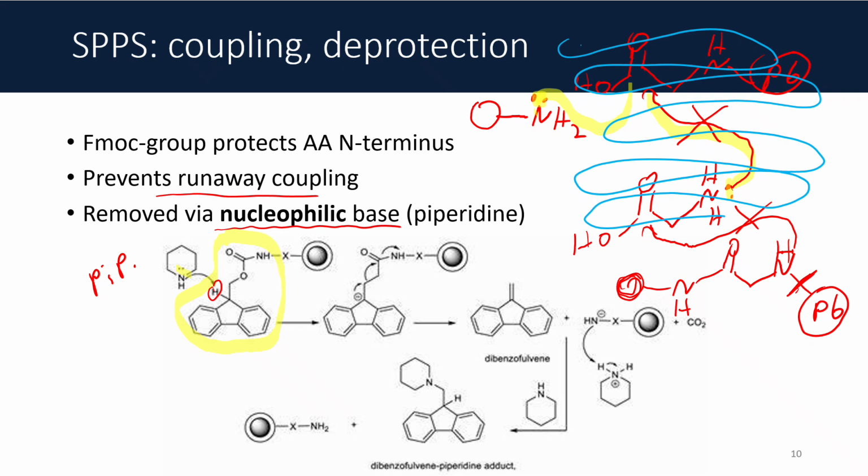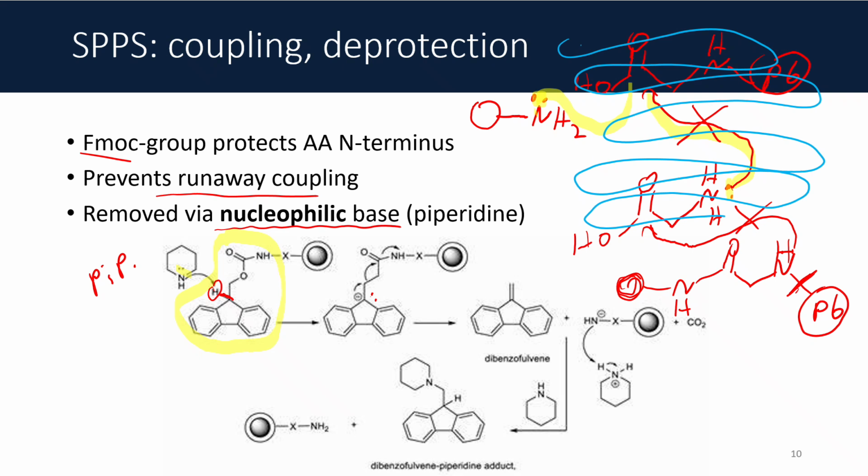It will get deprotonated by piperidine and form this carbanion, which you can see over here. That's the lone pair left over from that bond. We're able to do this because of resonance stabilization with the rest of this protecting group, which we call FMOC, by the way.